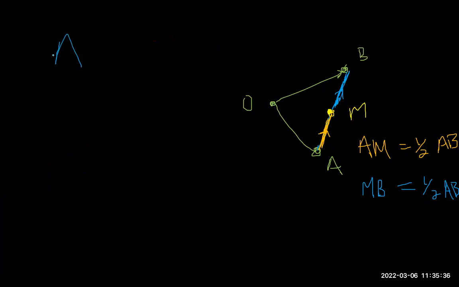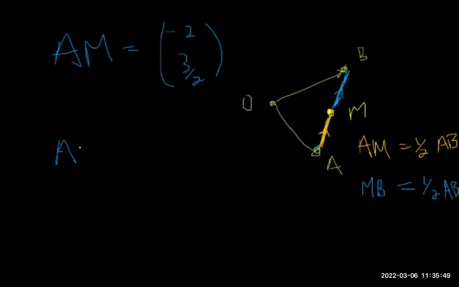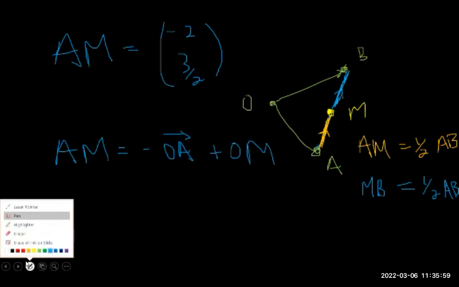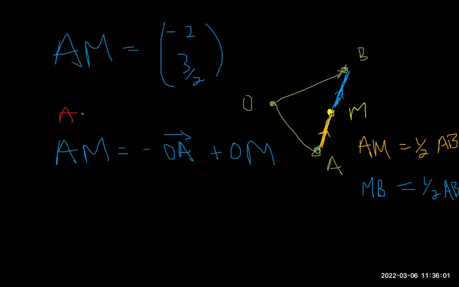So we found AM is minus 2, positive 3 on 2. And then from there, I could find my OM because I know AM is minus OA plus OM. Let me just write it out because I feel like somebody would ask me. AM is AO plus OM.